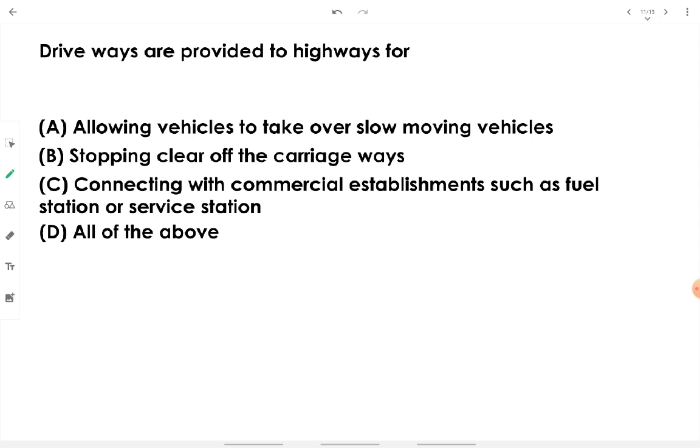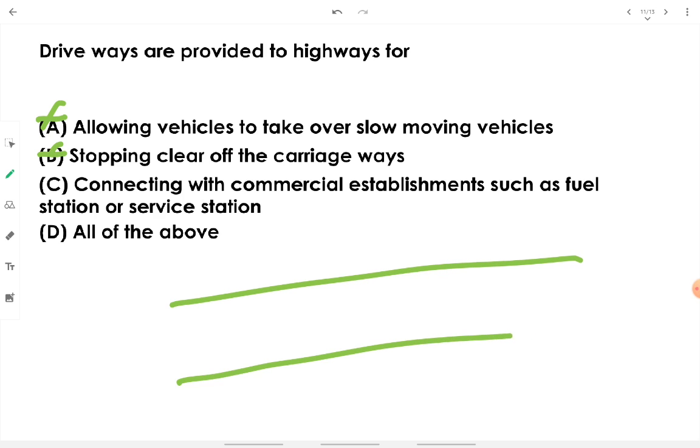Driveways are provided for highways in order to allow the vehicle to take over. No, this is not the overtaking zone. Stopping clear of the carriageway. No. Driveways are nothing but the supplementary roads provided so that we can have access when a petrol pump, fuel station or service station is there.